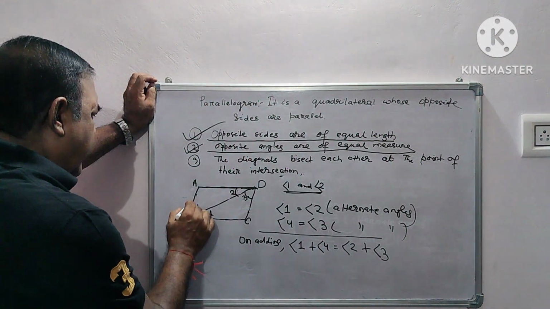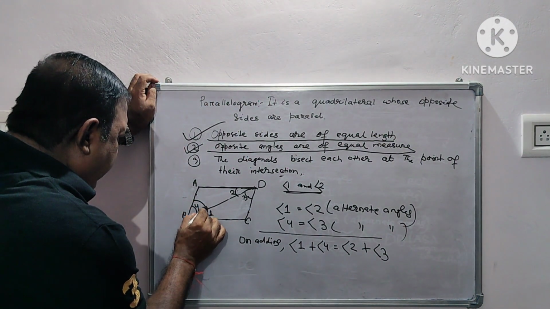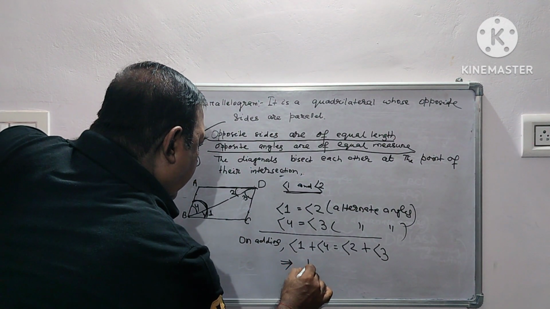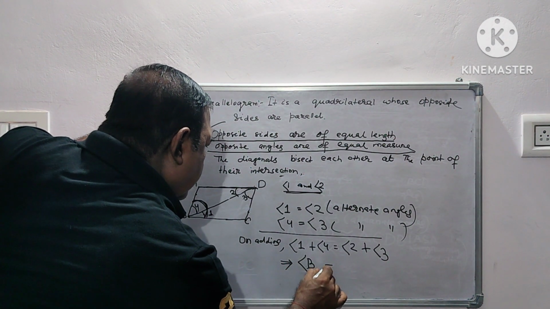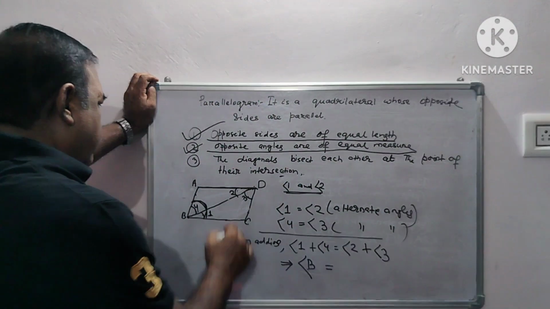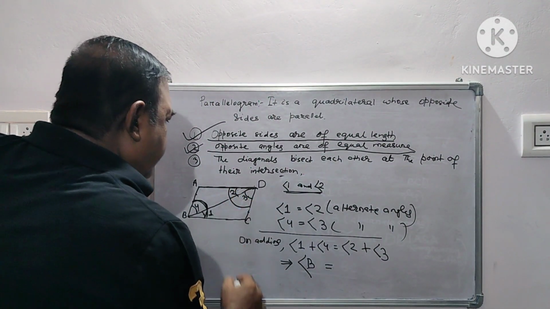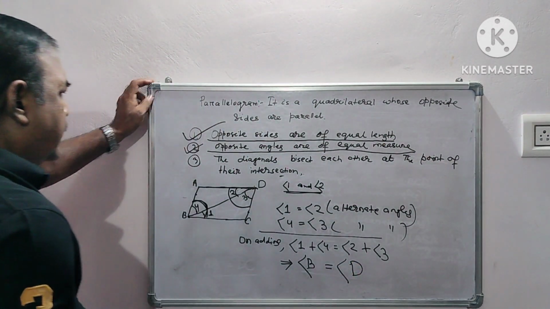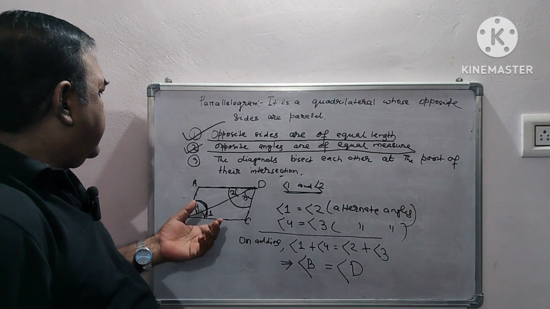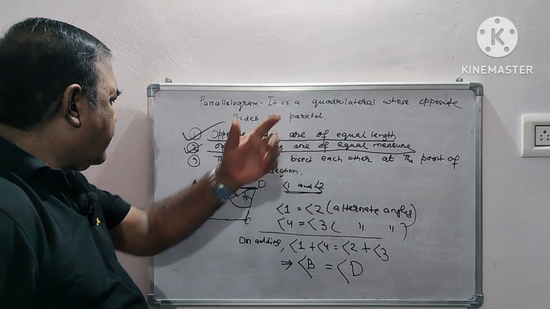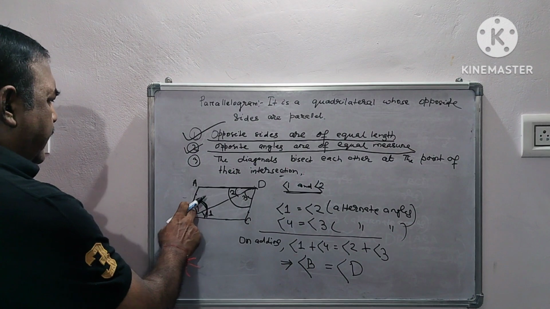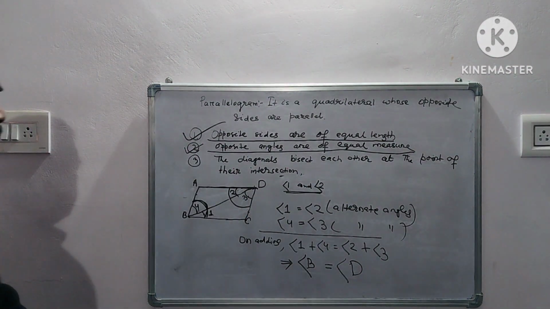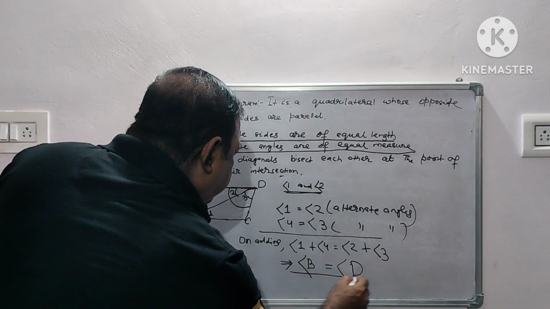And you can see here 1 plus 4, that means this angle B. So that implies the measure of angle B is equal to measure of angle D. So you could see that opposite angles are of equal measure. You see both angle B and angle D are of equal measure. So we could prove this.